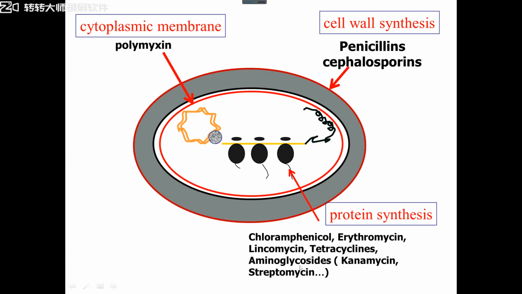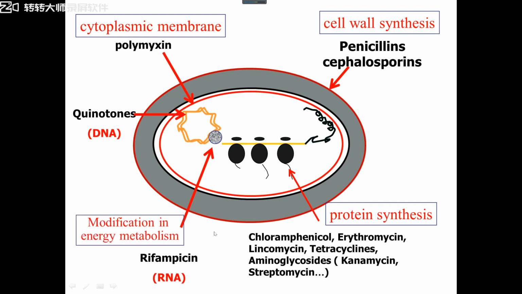And then some drugs can inhibit bacterial DNA synthesis, for example quinolones, and rifampicin inhibits RNA synthesis. At last, the fifth mechanism is interference with folic acid metabolism.